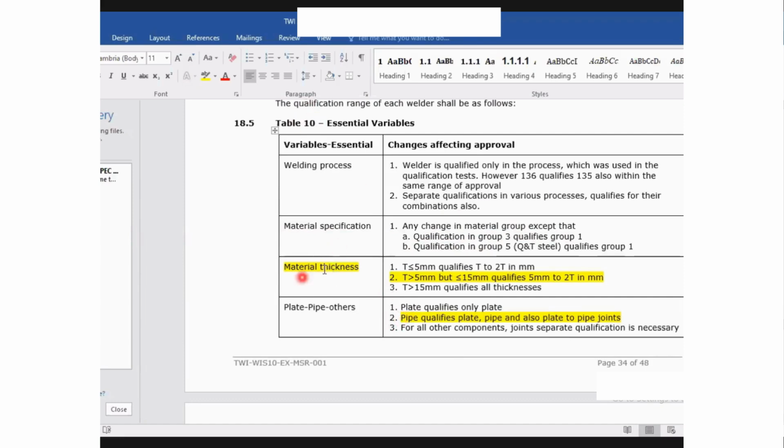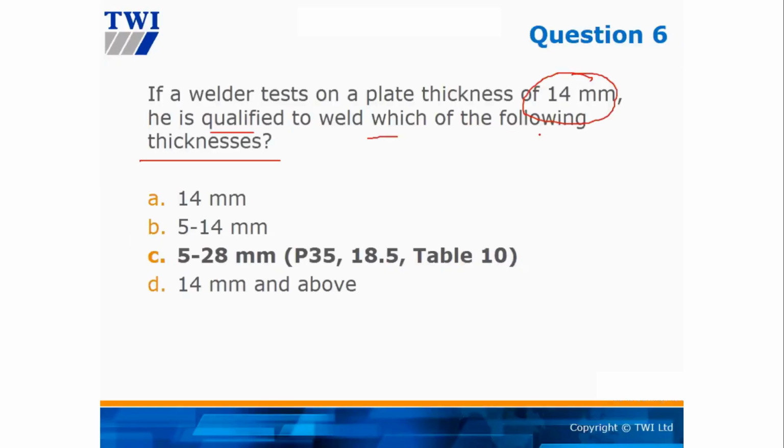For material thickness, we can see that 14 mm here, qualified 5 mm to 2T. 2T here means we have 14 times 2, we got 28. So it's qualified from 5 to 28, yeah? So here we got the range qualification 5 up to 2T. So that's where we got C. So C is the answer.